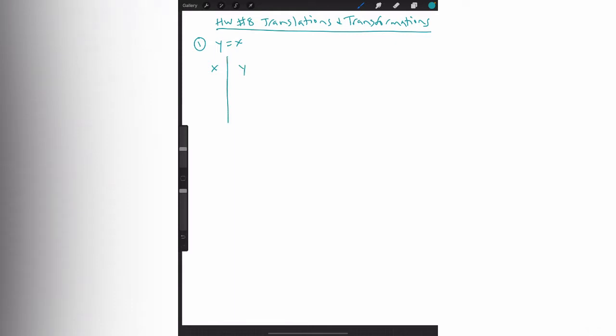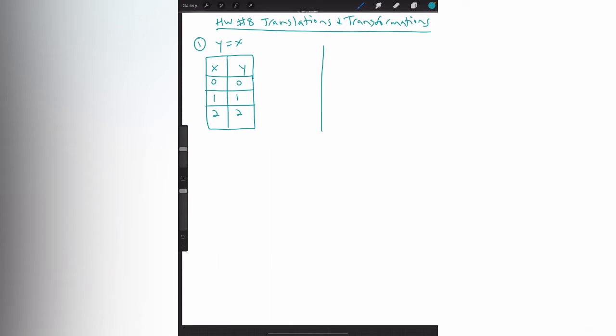The way that I can tell it gives me a line is that no matter what x values I put into a table, if I say x is equal to 0, I know my y value is going to be 0. If I say x is going to be 1, then I know y is going to be 1. I could choose any value I wanted, and it would be the same because it's saying y is equal to x. Whatever value I put in on the left in the x is going to be the same as the y.